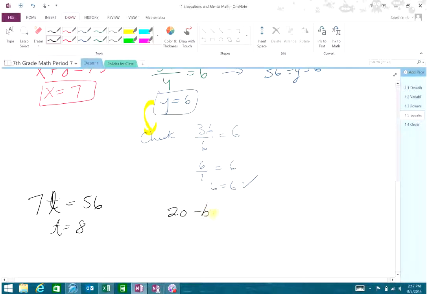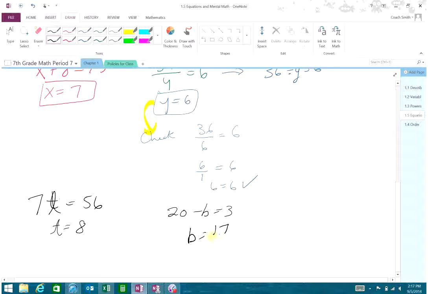20 minus b equal 3. 20 minus b equal 3. Tayshawn? 17, that is correct.